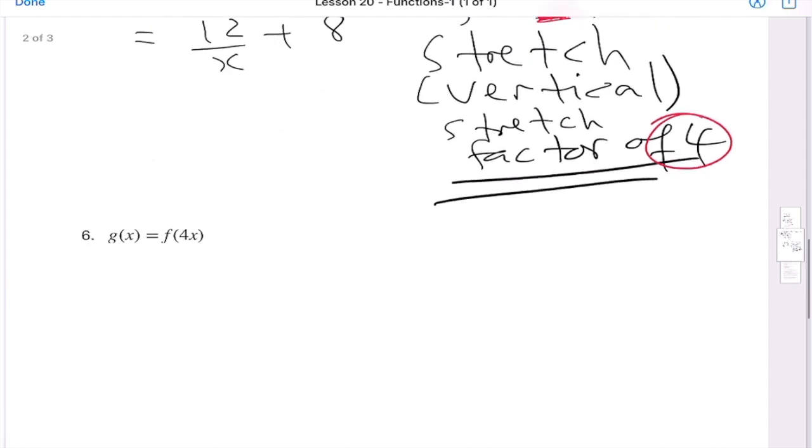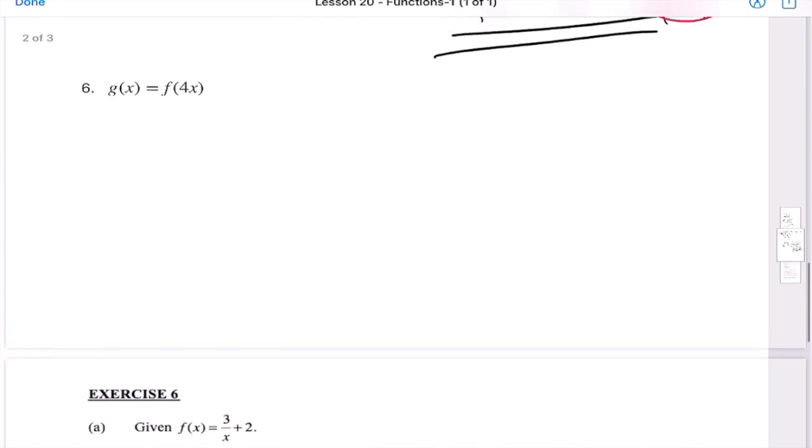But in the next question, the 4 is not in front of y. The 4 is now in front of x. This is also a stretch, but this one is called a horizontal stretch because it is affecting the values of x there.